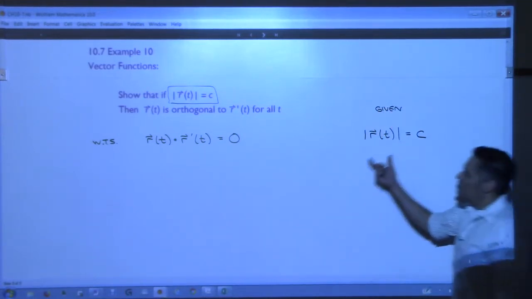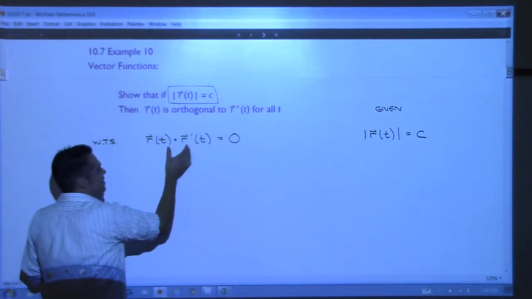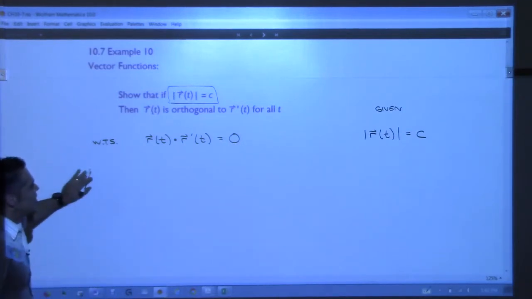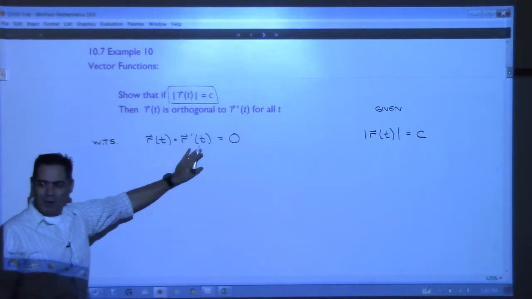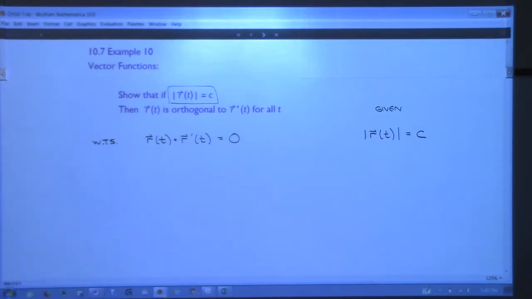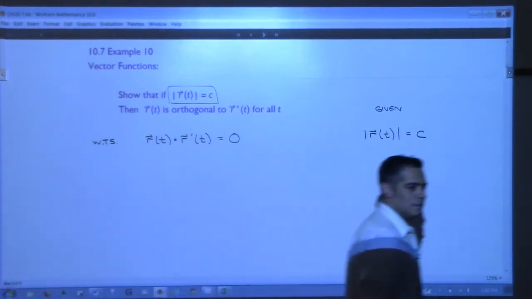Well, how in the world am I supposed to show that these things dot? I don't even know what r is. How can I ever talk about its derivative? I don't know what the derivative of r is because I don't even know what r is. Yes? Perhaps you could define. What if we just wrote it like r1, r2?